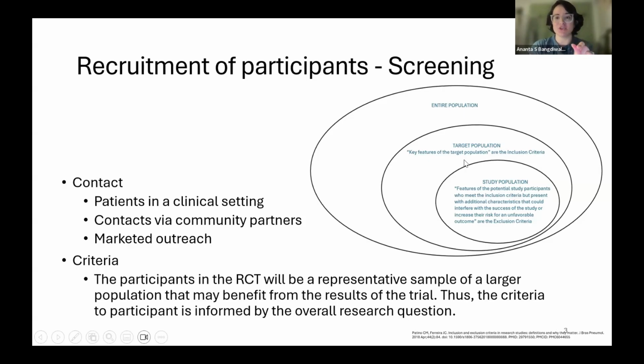The key features of that target population are the inclusion criteria. The study population also has exclusion criteria, which are the features of potential study participants who might meet the inclusion criteria, but present with additional characteristics that could interfere with the success of the study or increase the risk for unfavorable outcome.